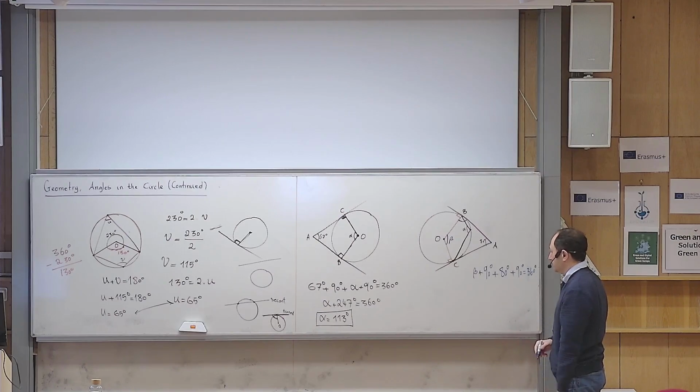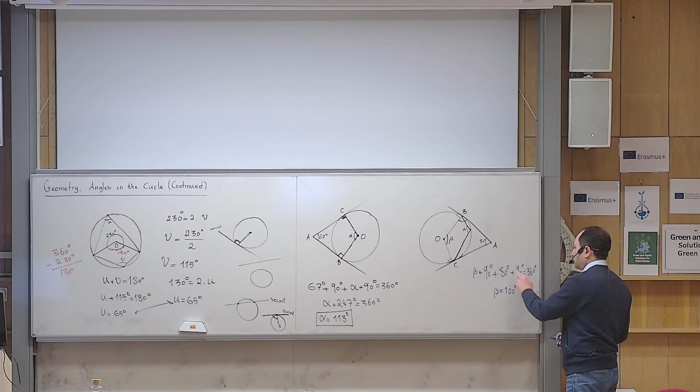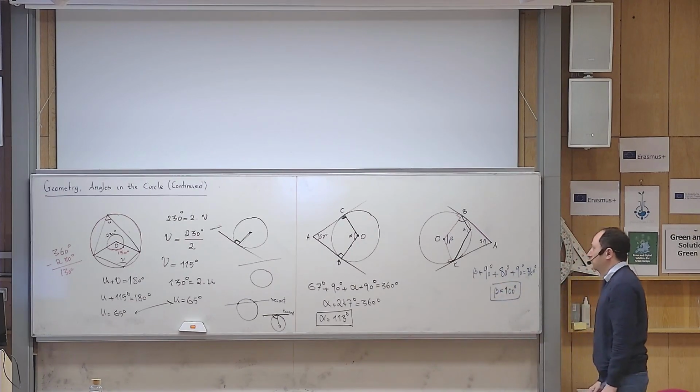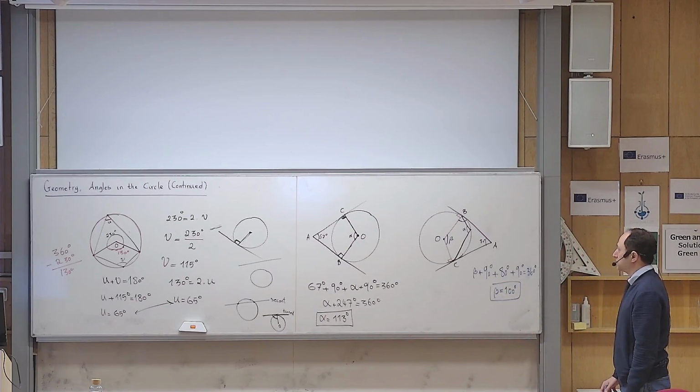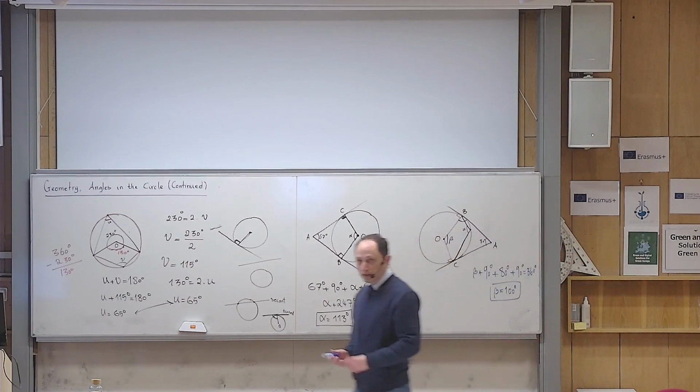So what you said is completely correct. So this becomes 180 minus 80, which is what? 100. Agree? Yes. 360 degrees minus 90 minus 90 minus 80 becomes 100. So beta is 100 degrees. But my goal was not to find beta, my goal was to find alpha. So can I use the cyclic quadrilateral here now?